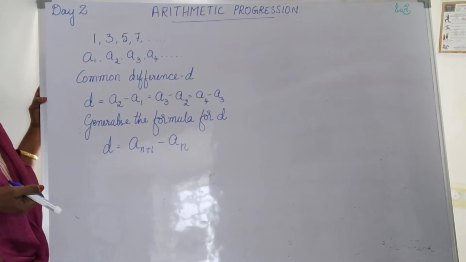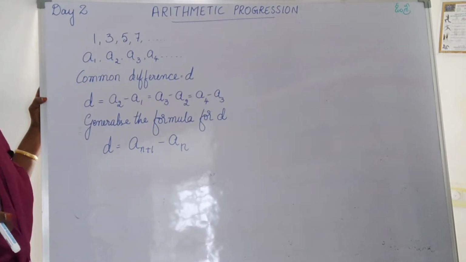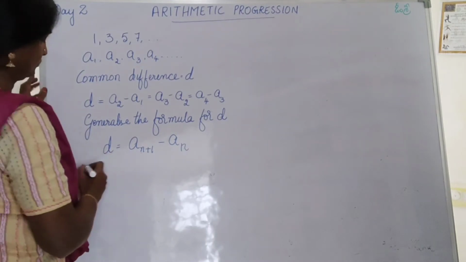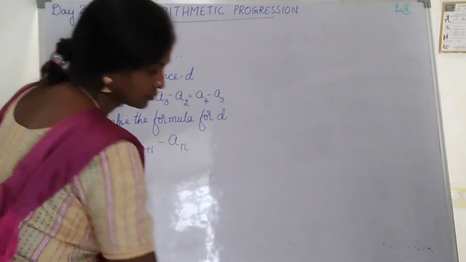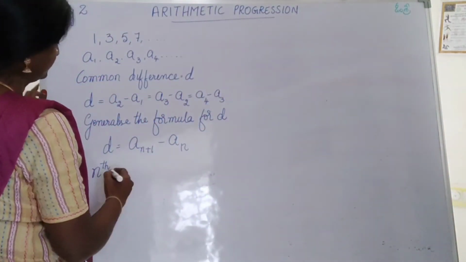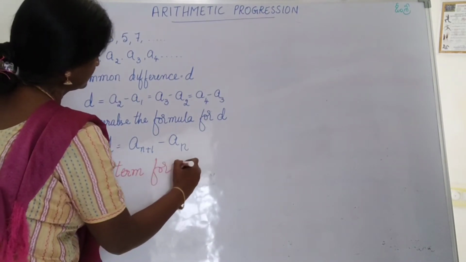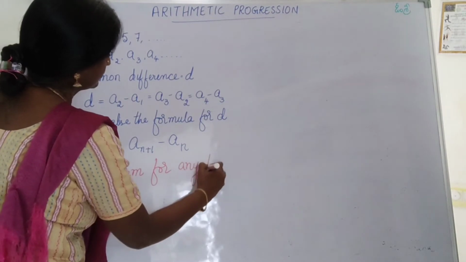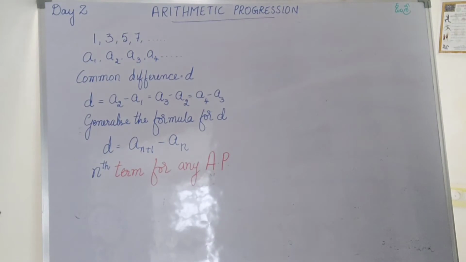Now, to find the nth term of an arithmetic progression. Let's see how we find the nth term for any arithmetic progression. First, let us compare the terms.